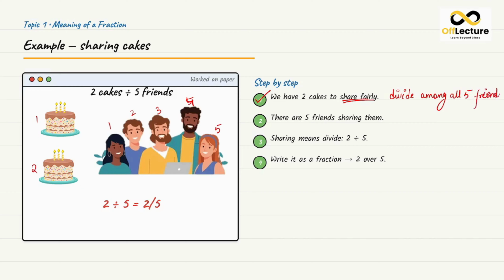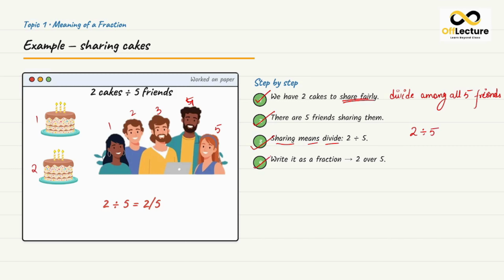It means that, as we know, sharing means dividing. So we will write 2 divided by 5, and as a fraction we will write it as 2 over 5. Okay. So this is how sharing means dividing.